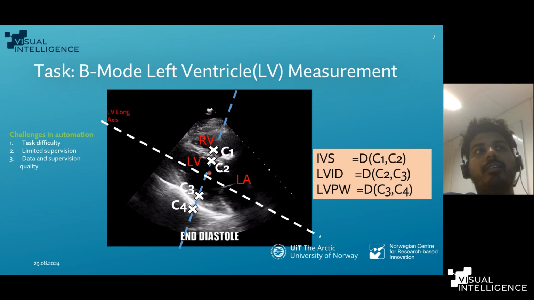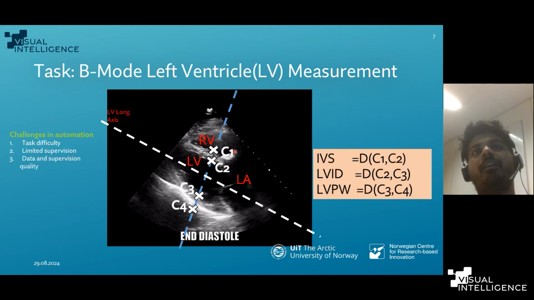Since this task is a bit difficult to perform manually even by a human, of course we have very limited supervision for the AI also, and sometimes the data and the supervision quality is not good. The data means sometimes the echocardiography images are not properly recorded, or they are recorded from different types of scanners.